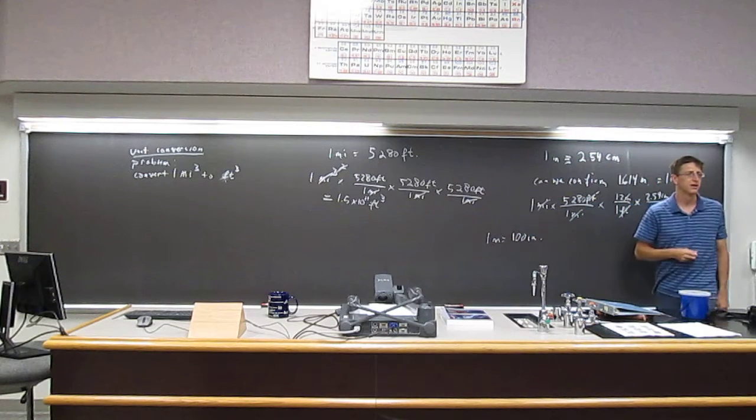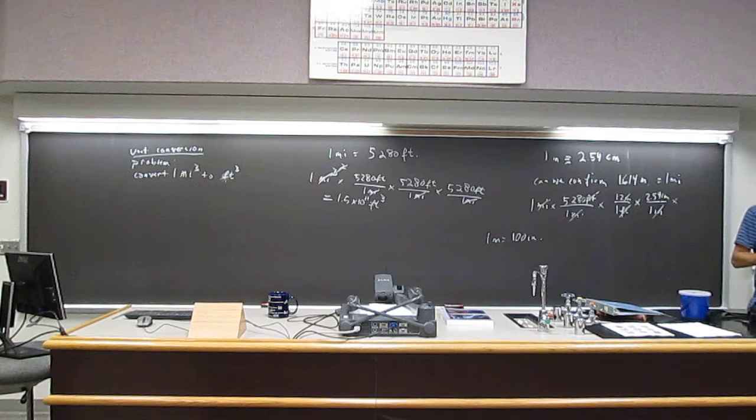Hopefully with the metric units, it's fairly straightforward how to convert among those. You have those prefixes. Centi is 1/100, so a centimeter is 1/100th of a meter. A kilometer, kilo is 1,000, so a kilometer is 1,000 meters. Those will be the ones that you'll probably need.